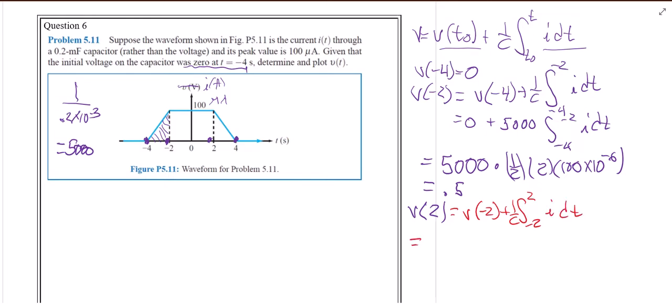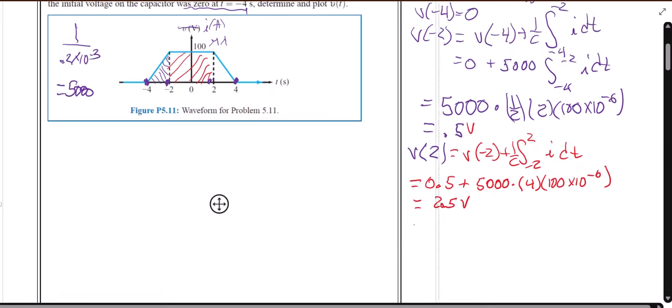Well, V at -2 we just found was 0.5, plus 1 over c is 5,000. And now we need the area of this rectangle. So our base is 4 seconds, and our height is 100 microamps, so 100 times 10 to the -6. And that ends up being 2.5 volts.